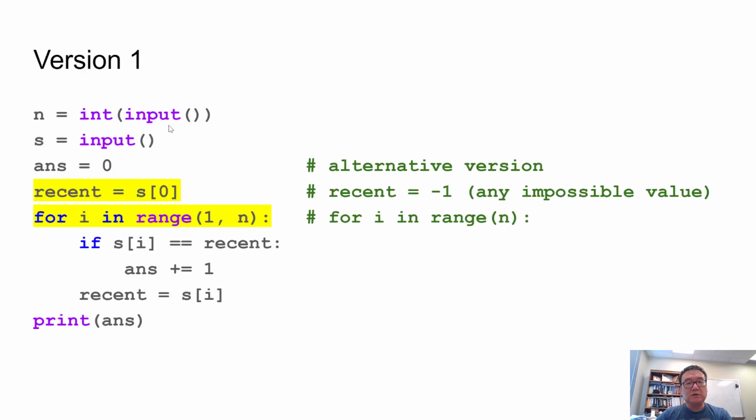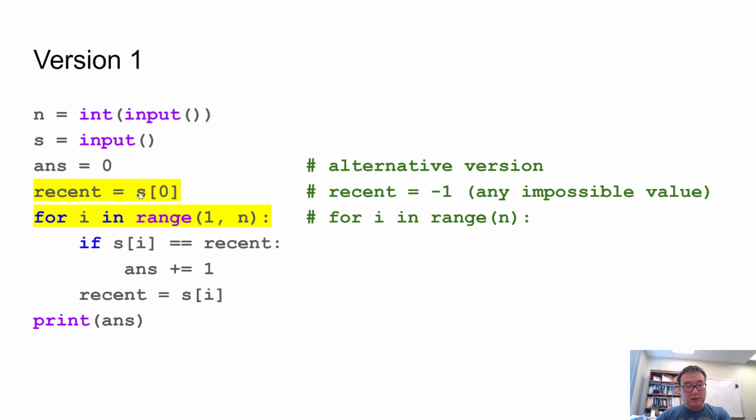So here's one version of code to deal with that. Reading n, reading the string s. Then we use an answer variable to store the value we're going to compute. So we initialize it to 0, and in the end, we're going to compute it. Then we're going to loop over all the characters, and we need to remember the most recent character.